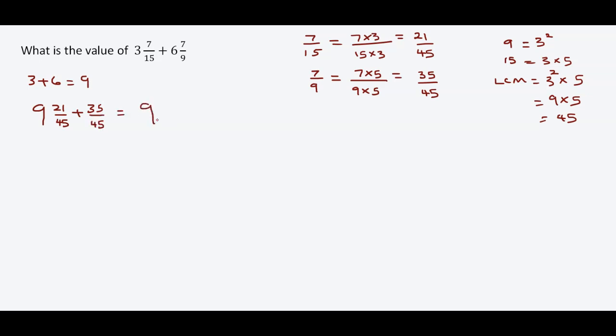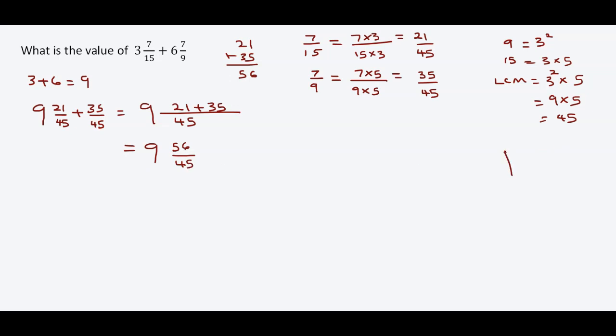So we now have 9, and then we have a common denominator of 45, so we can add the numerators together. So this is going to give us 9, let's go 21, 35, this is 6, this is 5, so this is 56 over 45.